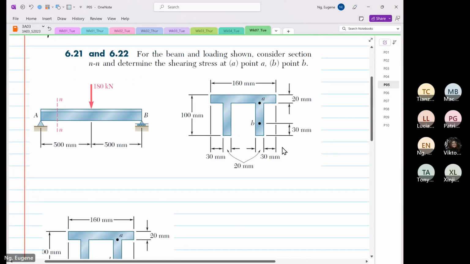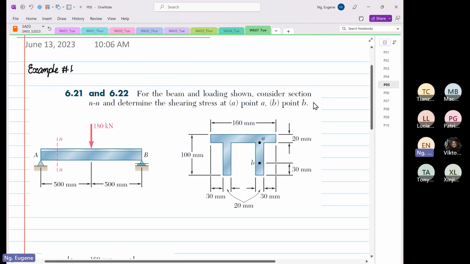So for the beam and load shown, consider section NN. Determine the shearing stress at point A and also the shearing stress at point B. What I'm going to do is something further. We're going to form the equation of the distribution of the shear stress, and we are going to determine the Y max value.